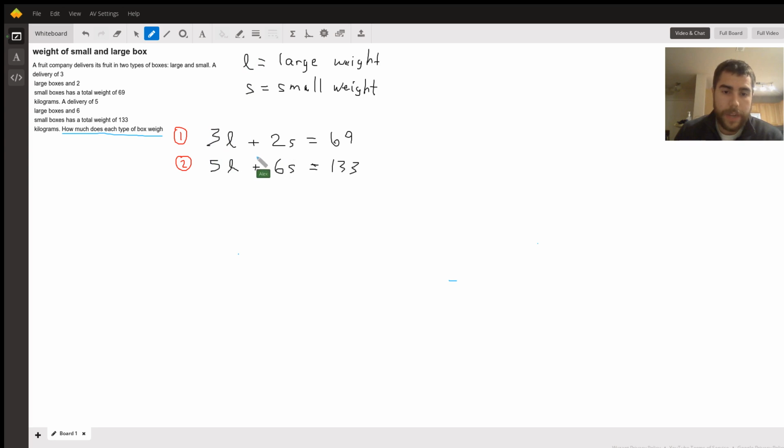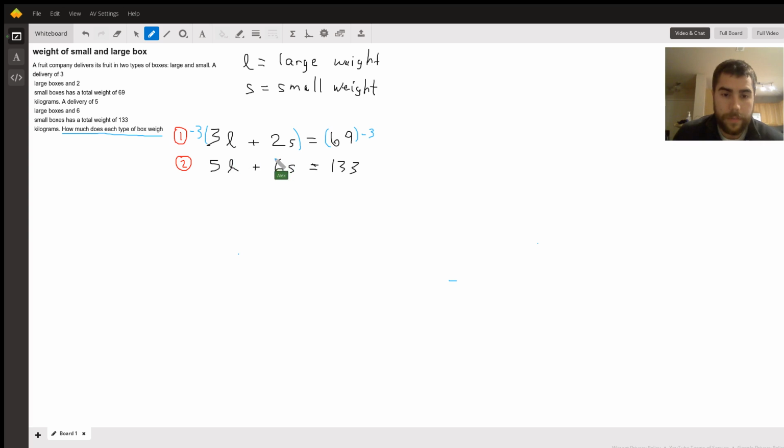What I mean is you're basically going to multiply one of the equations, at least one of the equations, by some factor to essentially eliminate one of the variables. So I'll show you what I mean. Both sides are going to be multiplied by the same number. So we're going to multiply this by -3, because you essentially end up with the same equation.